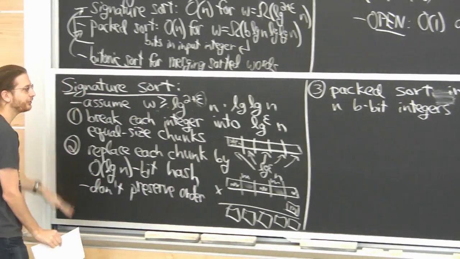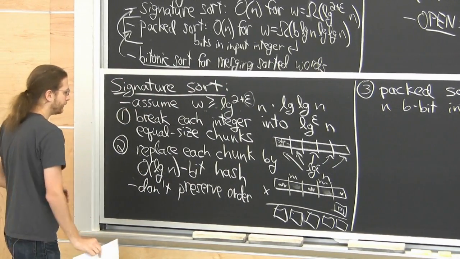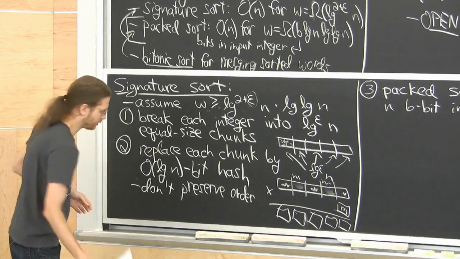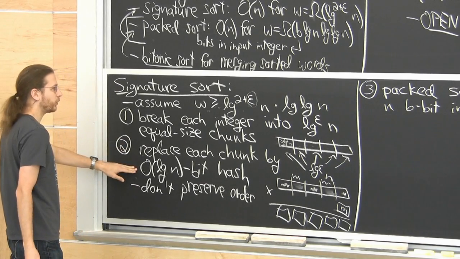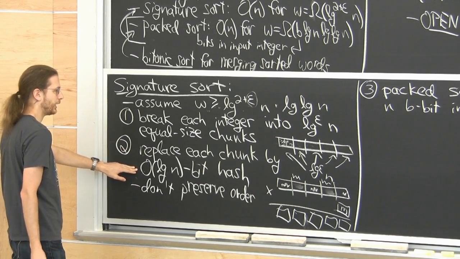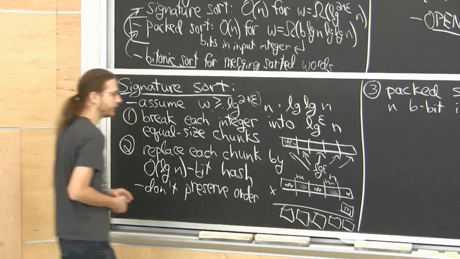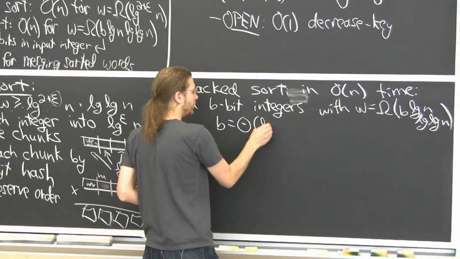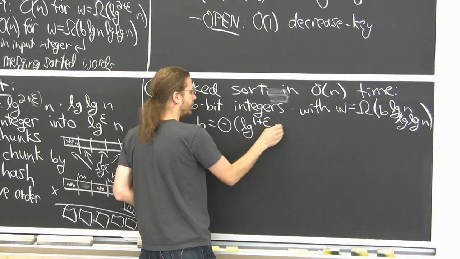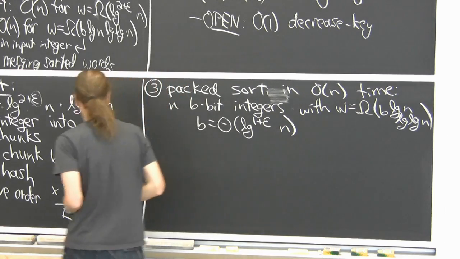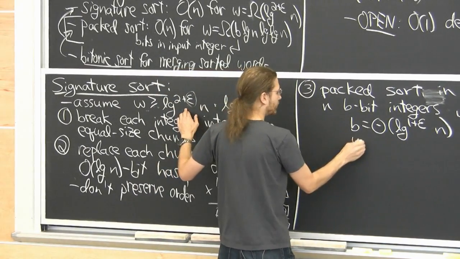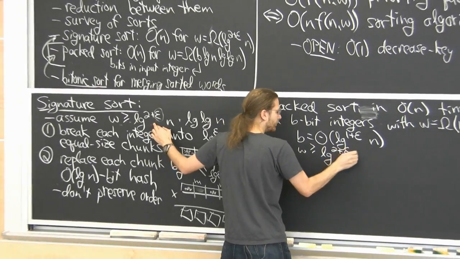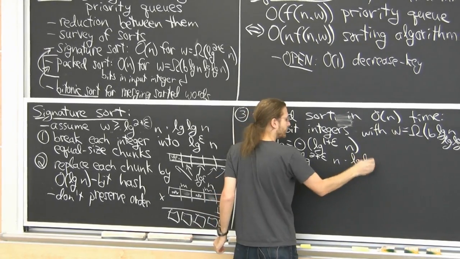And I claim that applies here because each chunk is now order log n bits, and there's log to the epsilon n of them. So b is theta log to the 1 plus epsilon n, and w is at least log to the 2 plus epsilon times log n.